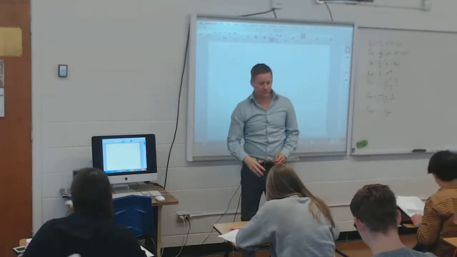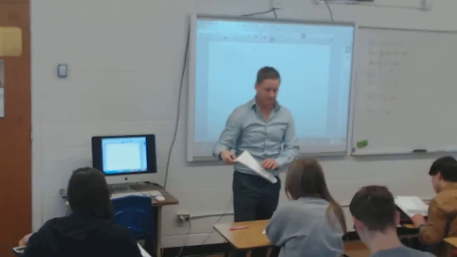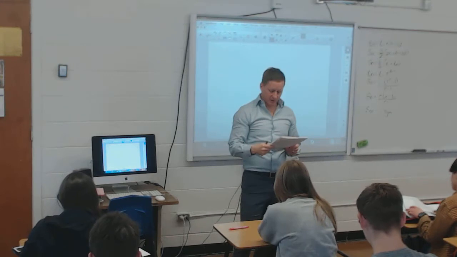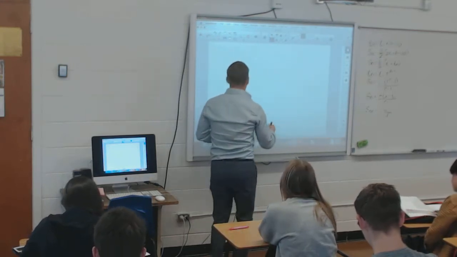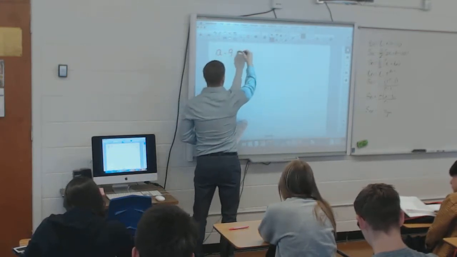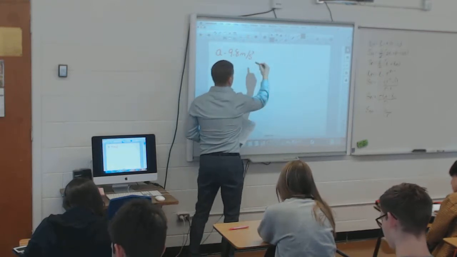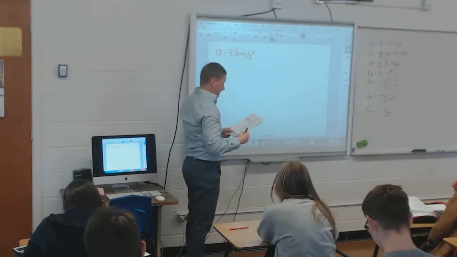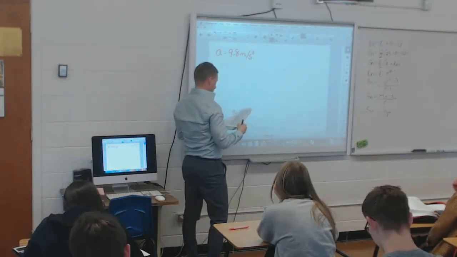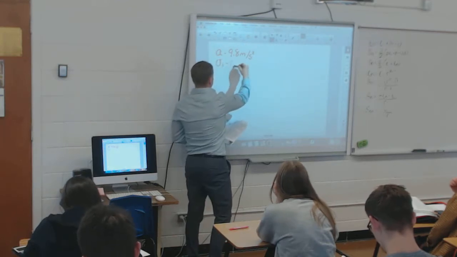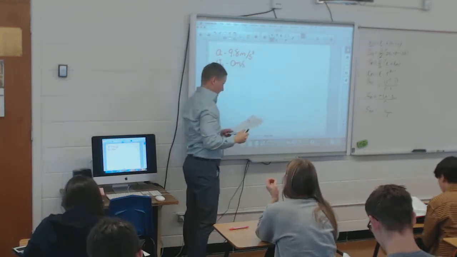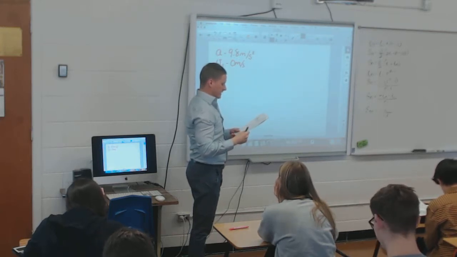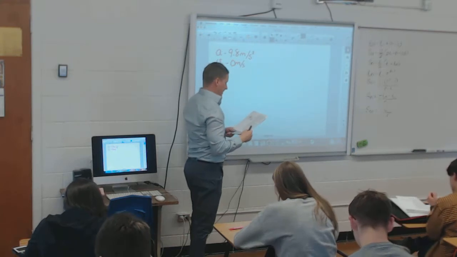All right, question 14. A rocket ship in space moves with a constant acceleration of 9.8 meters per second squared, starting from rest. How long will it take to reach a velocity of 1/10 the speed of light?